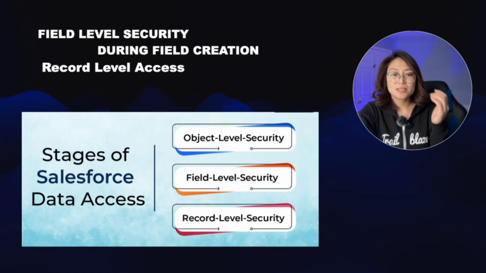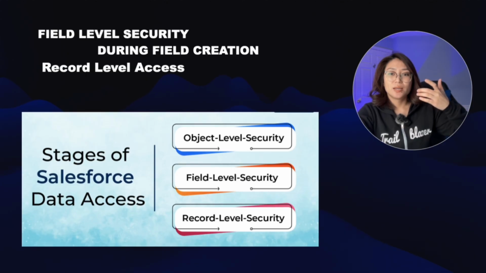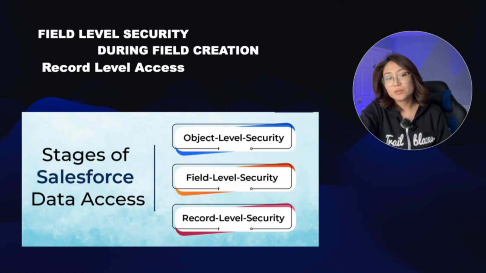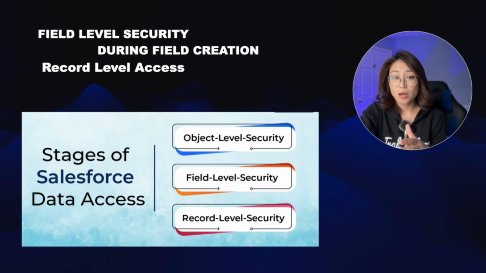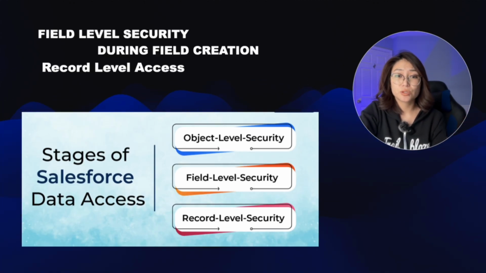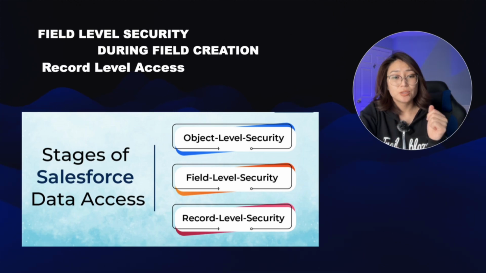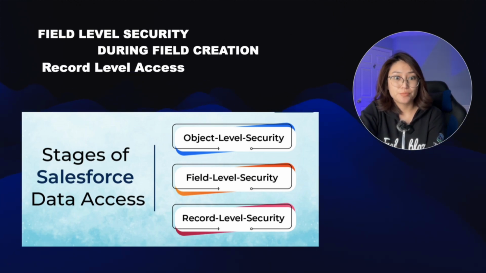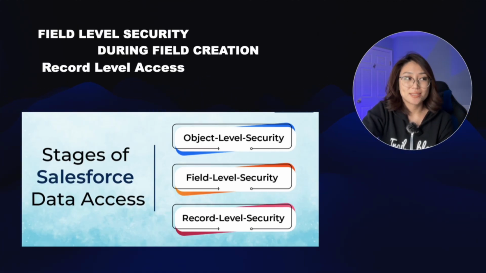Record level access controls which records a user can see, right? So this includes things like ownership, role hierarchy, sharing rules, and manual sharing, right? So record level access answers the question, which specific records am I allowed to access?